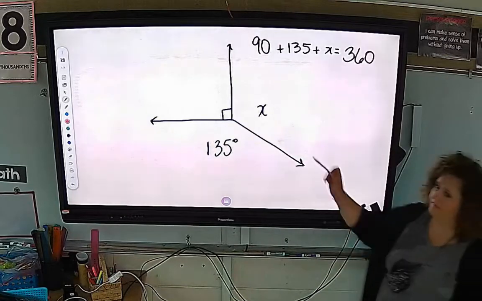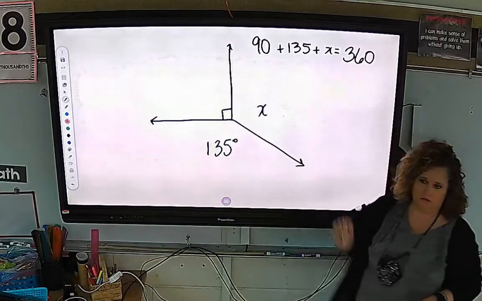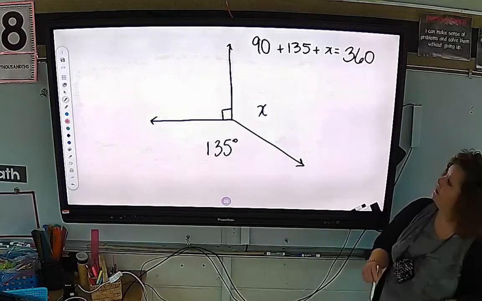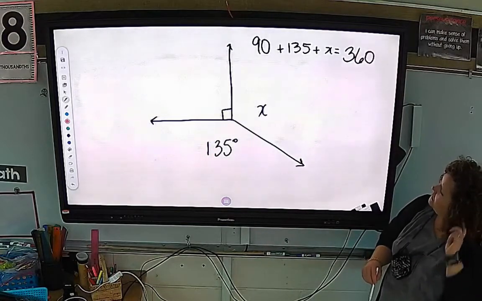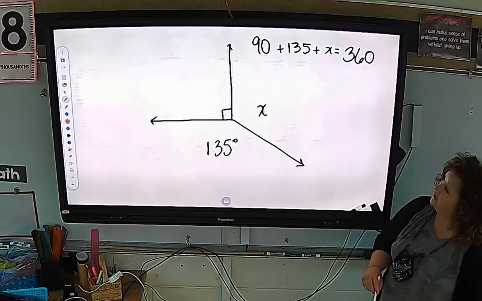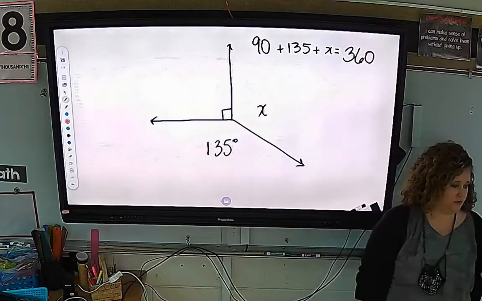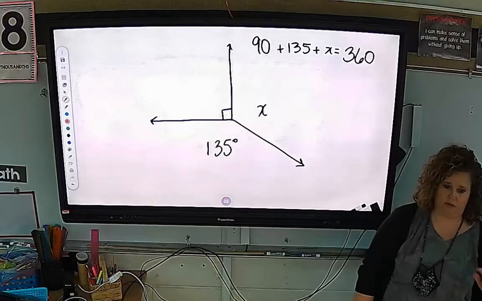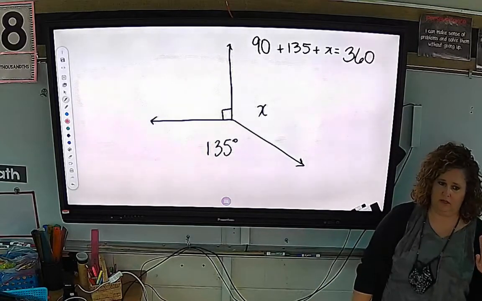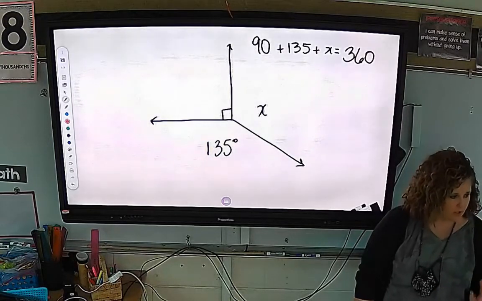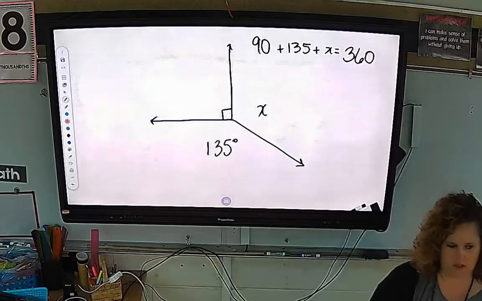I know all of this is 360. Okay. You subtract 360 and 135. I could subtract both of these, do two subtractions, but I know you guys pretty well, and I don't think you want to subtract twice, but you could. If I didn't want to subtract twice, what could I do?